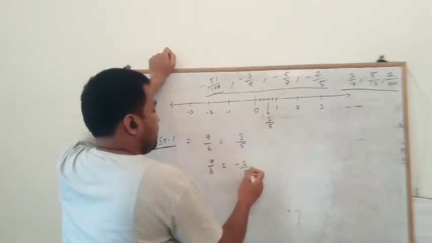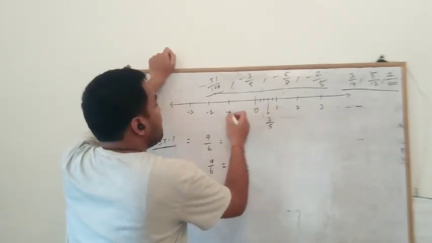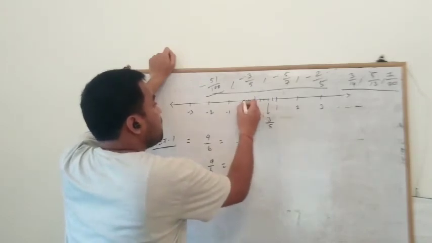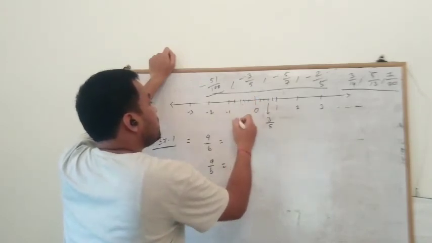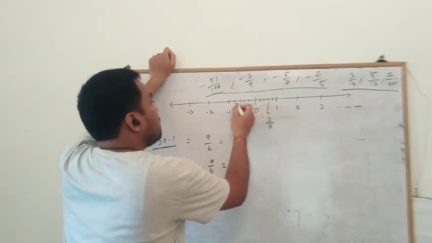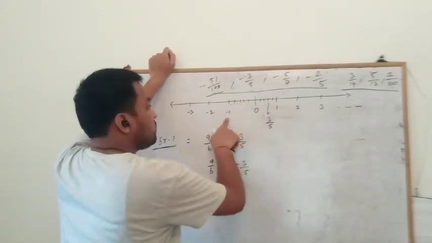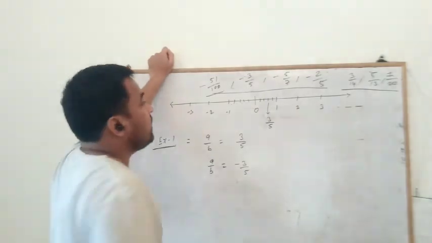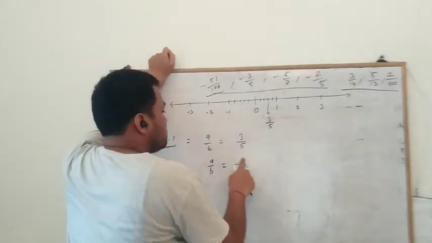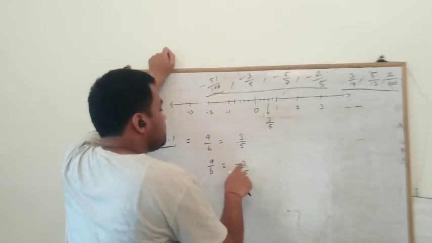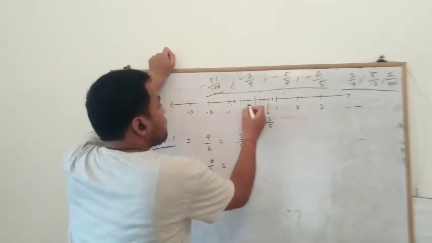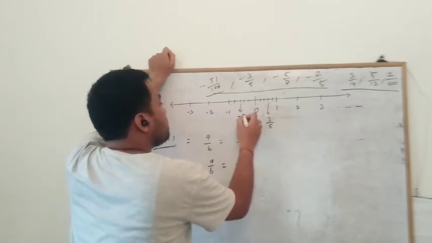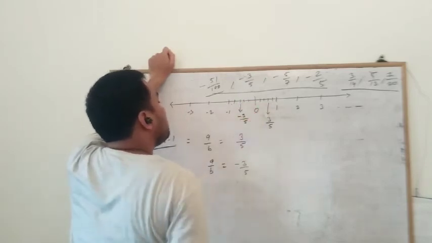The denominator is 5 again, so 0 and -1 must be divided into 5 equal parts: 1, 2, 3, 4 and 5. Now the numerator is -3, so -1, -2, -3. So this point can be represented as -3 by 5.